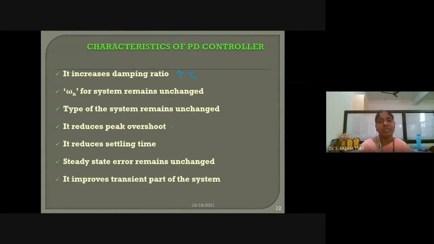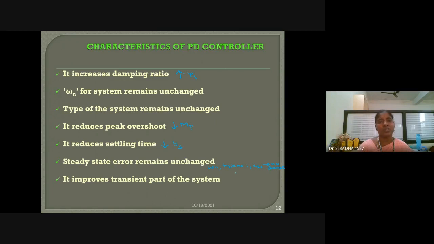It reduces peak overshoot, Mp. It reduces settling time. Steady state error remains the same. It improves the transient response. And what all remains the same? Omega n, type number, ESS, no change. These three parameters have no change when you connect a PD controller.